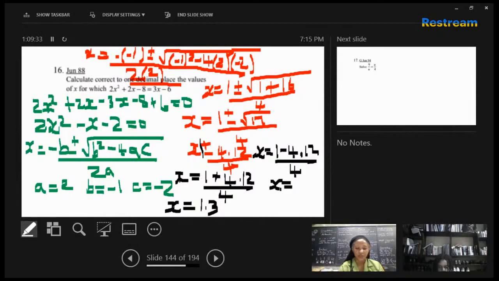We need that to one decimal place, so that is negative 0.8. What was it before you rounded it? Negative 0.78. Oh, okay.